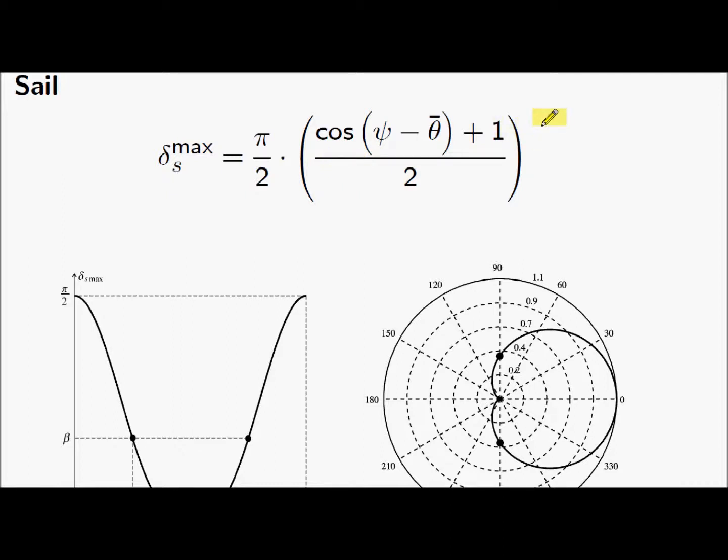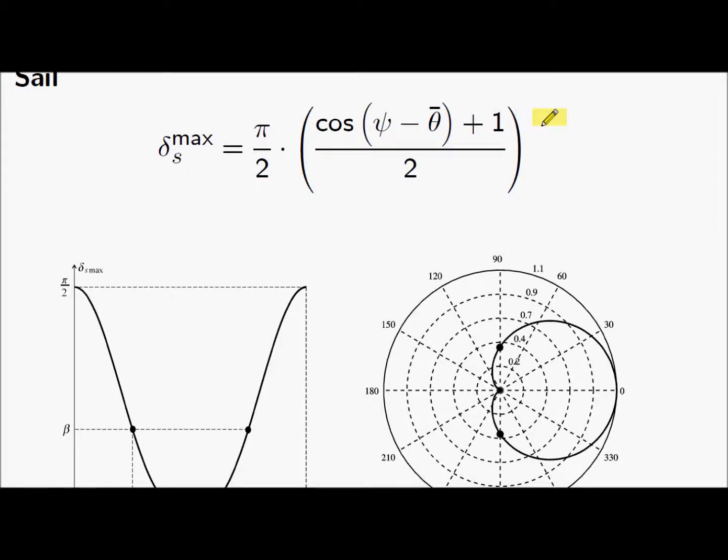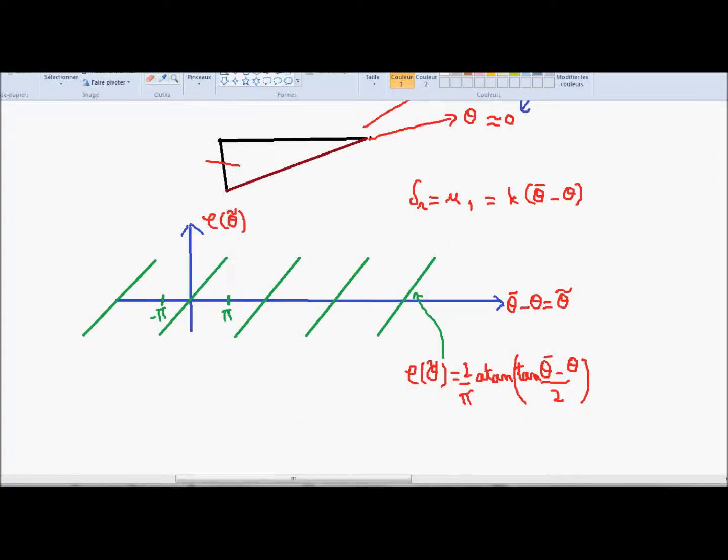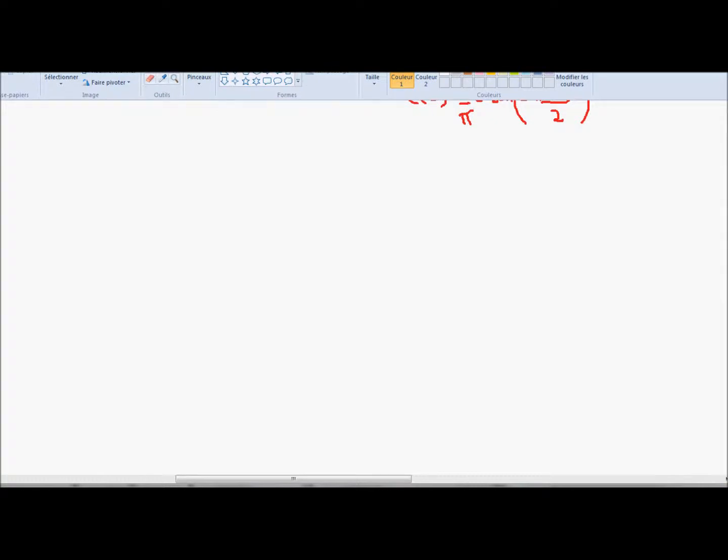So what is a cardioid model? It corresponds to the cardioid function, which is represented here in polar form. Maybe I will try to show it on a picture again. I have here the direction of the wind, let's say psi. And assume that my boat is like this.